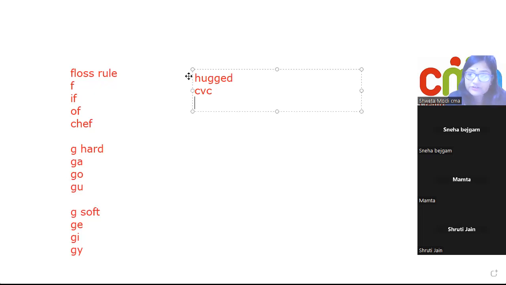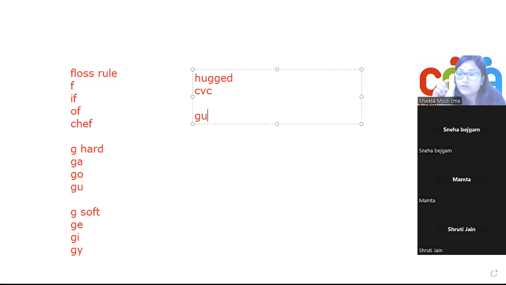Ma'am, the rabbit rule also has the same pattern, no? If there are two vowels in the middle. The rabbit rule applies to the whole word. Hugged is not a whole word.